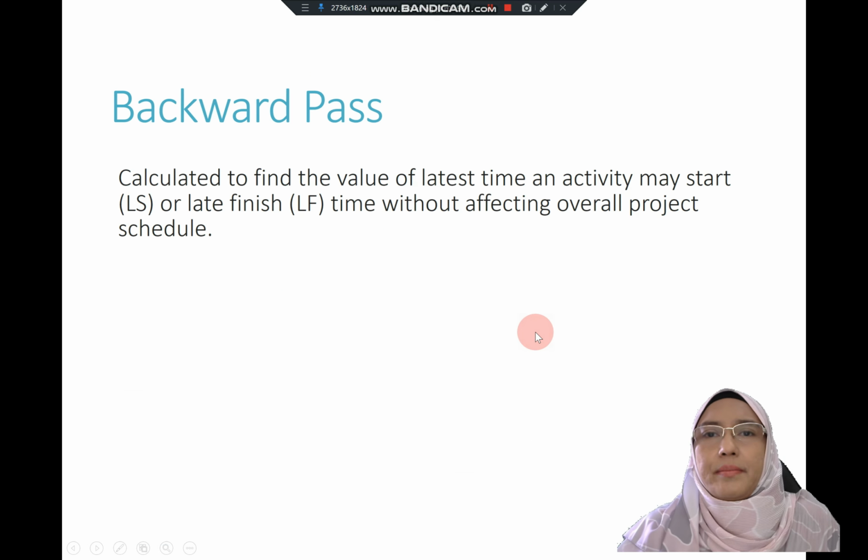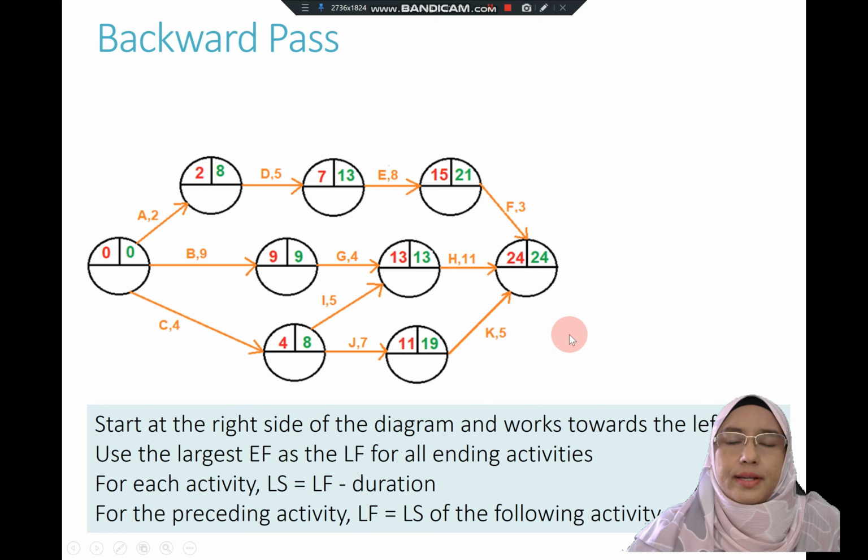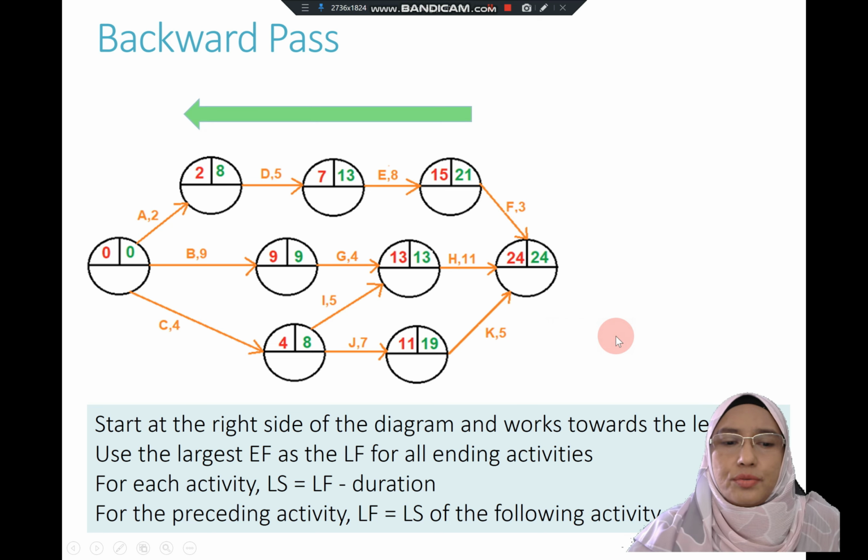Now let's look at backward pass. Backward pass is calculated to find the latest time an activity may start or finish without affecting the overall project schedule. With the same example here, for backward pass you need to start from the right to the left of the network.